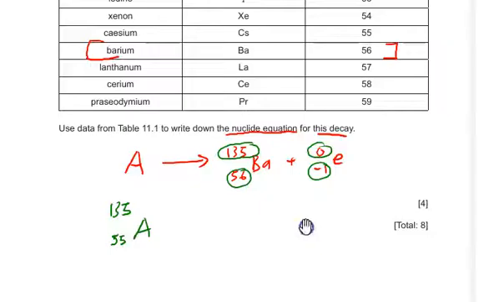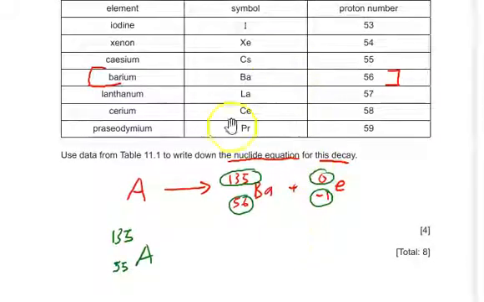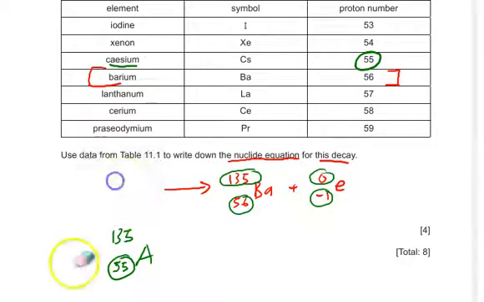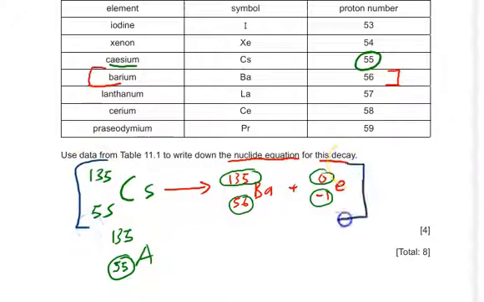From here we have to find the element that has 55, which is cesium. So this is your answer. You just replace the unknown with cesium, so this is 135 with 55, and this is your equation.